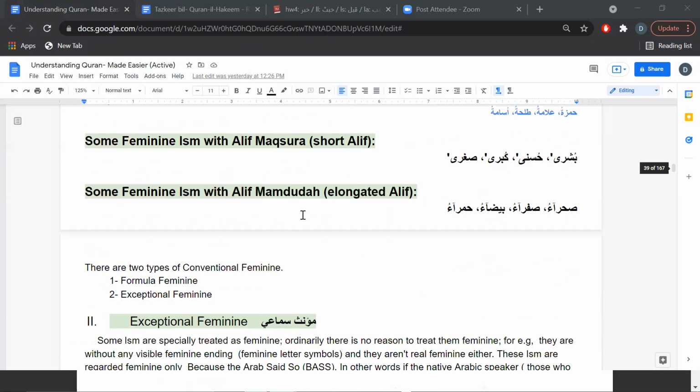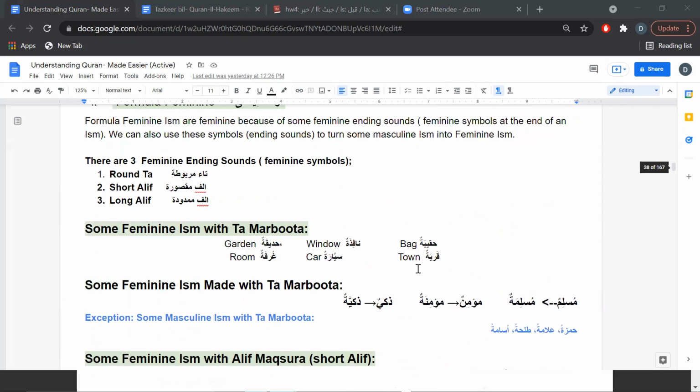And if you see a long elongated alif like sahra'u, safra'u, bayda'u, these are also feminine isms. You got the point? What three endings did I tell you? Ta marbuta and then alif maksura. Yes, alif maksura, short alif is like this. In Urdu you call it standing alif, khada zabar.